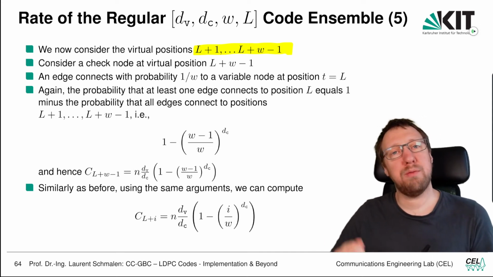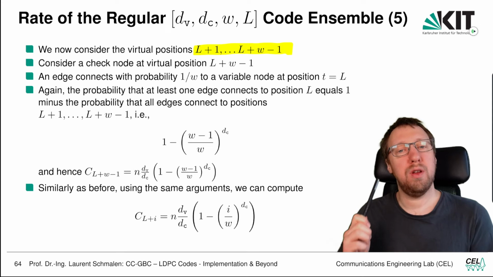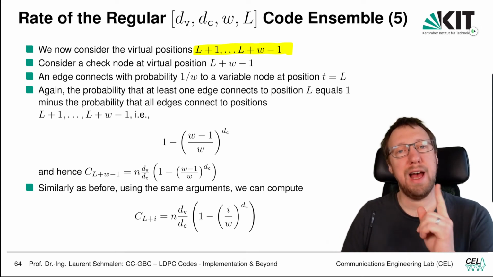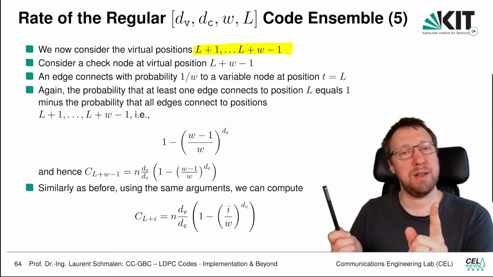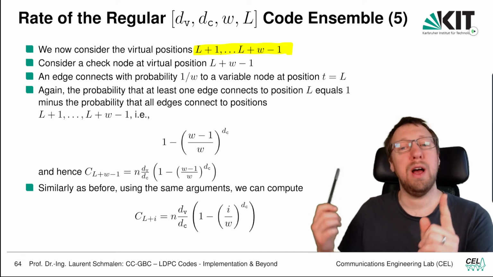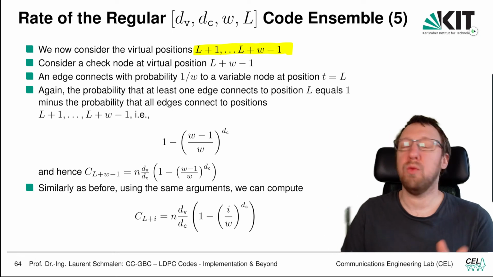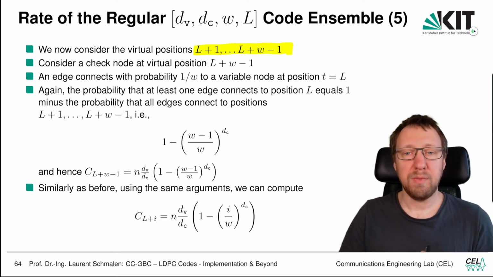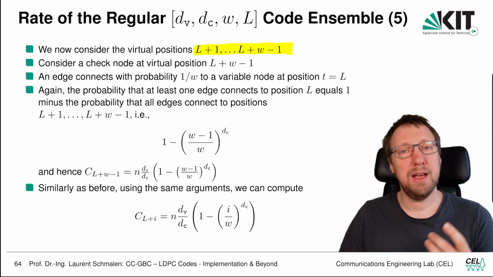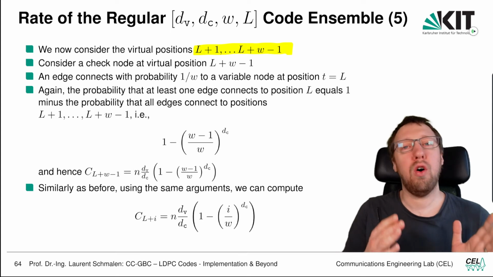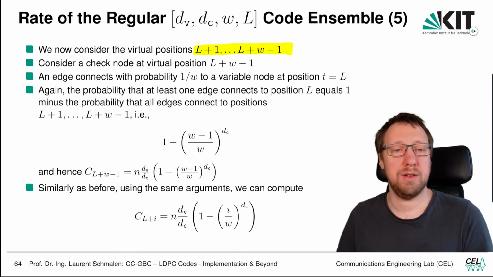Again, the edges connect with probability 1 over W to the variable node at spatial position L, 1 over W to the variable node at virtual position L plus 1, 1 over W to L plus 2, and so on. Very similar to what we had previously. So the probability that at least one edge connects to position L is 1 minus the probability that all edges connect to the virtual positions.